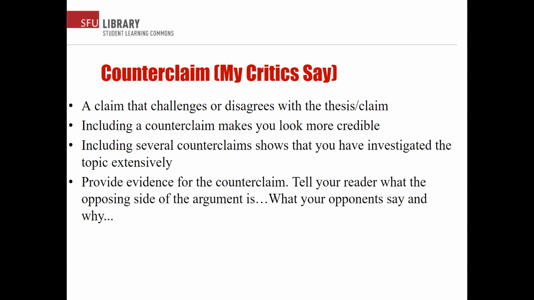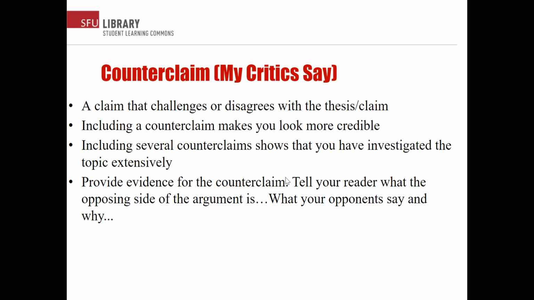Including the ideas of those who may disagree with you makes up the counter argument section of your paper. You can refer to actual people, including other research scholars who may disagree with you, or try to imagine what those who disagree with you might say. So a counter argument is a claim that challenges or disagrees with the thesis or the claim that you have initially made.